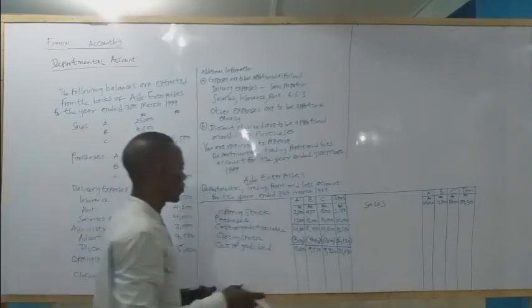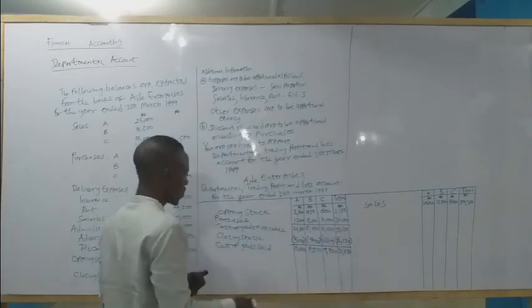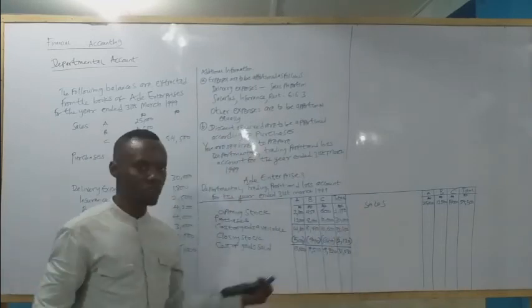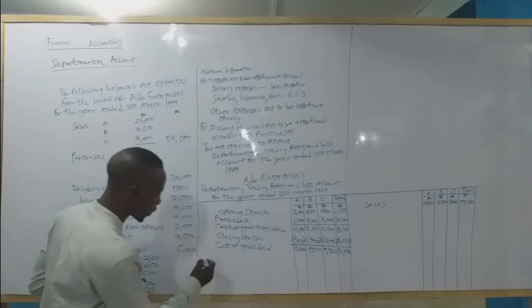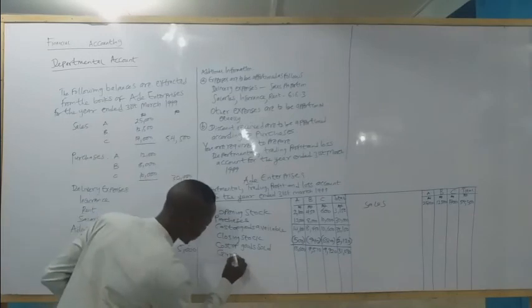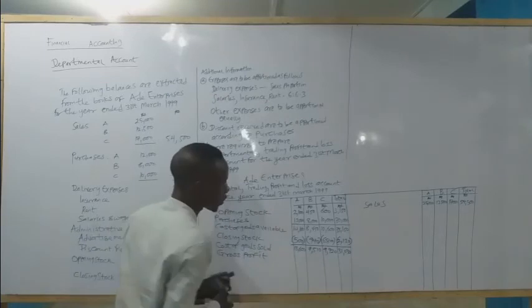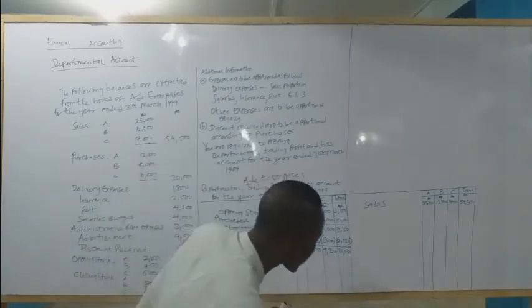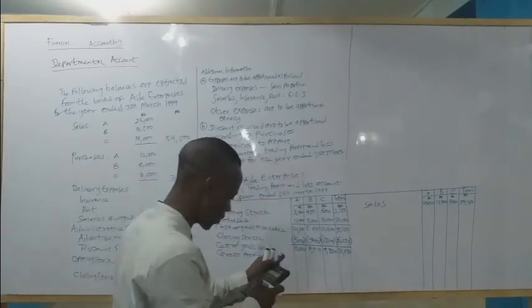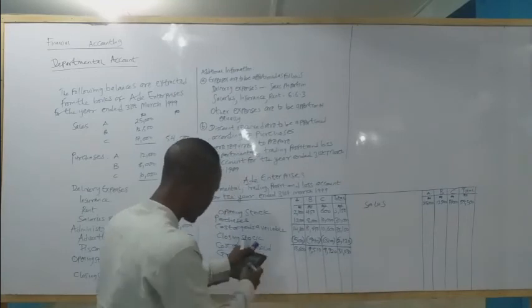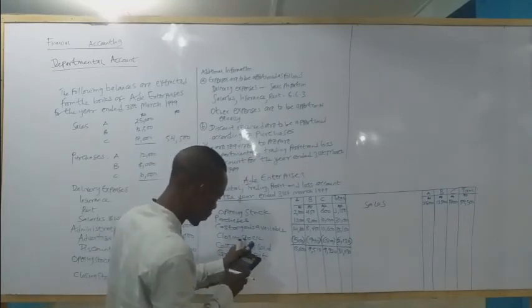So by removing our cost of goods sold from our sales, we then get our what? Gross profit. So here we have 25,000 minus 13,600.